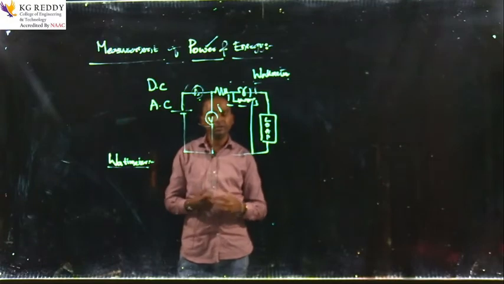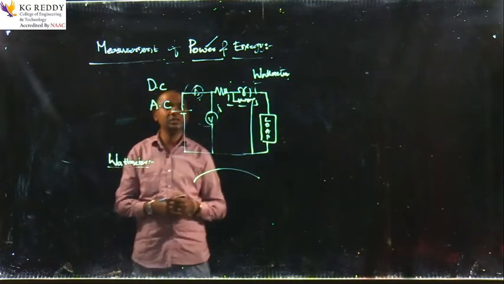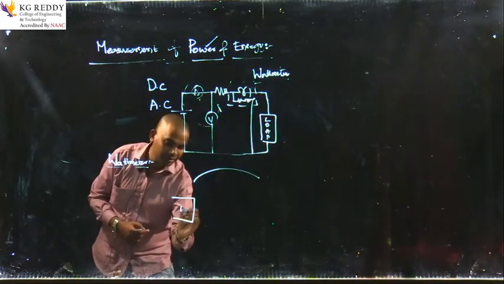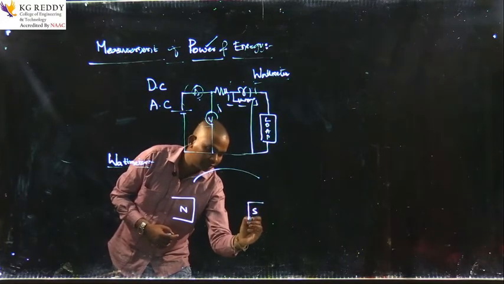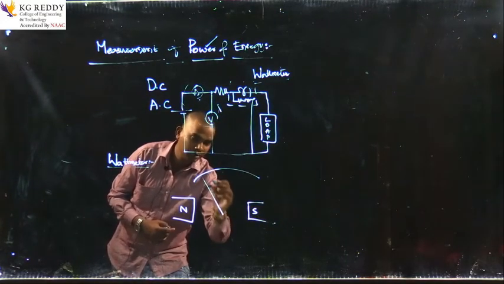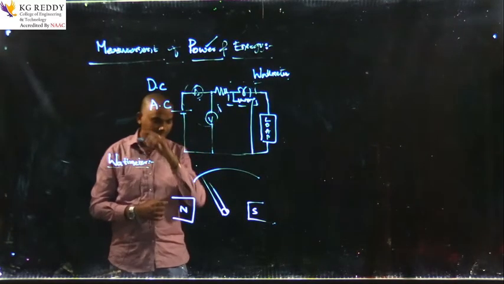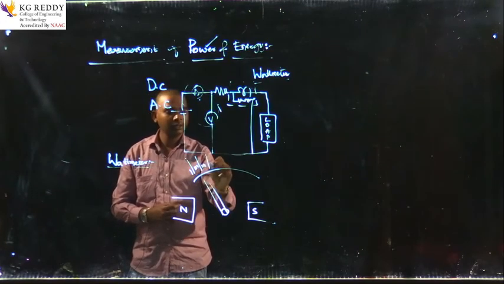We will have a graduated scale, and a magnetic field set up with a north pole and a south pole, and in between we will place a pointer.